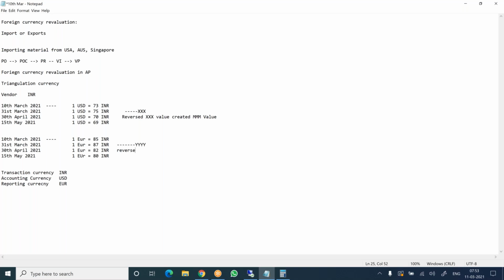Reversed YYY value and created some NN value. Understood? That is the major important thing you need to understand.